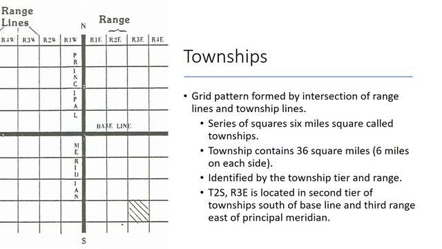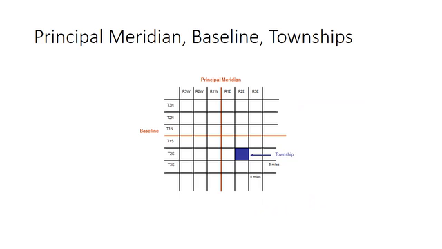For instance, Township 2 South, Range 3 East is located in the second tier of townships south of the baseline and third range east of the principal meridian. And there's an example, to give you a better idea.